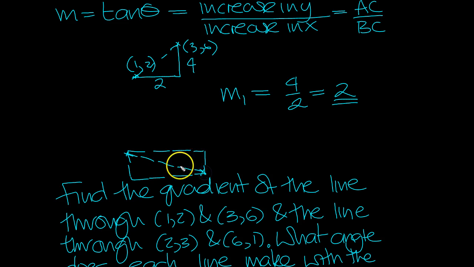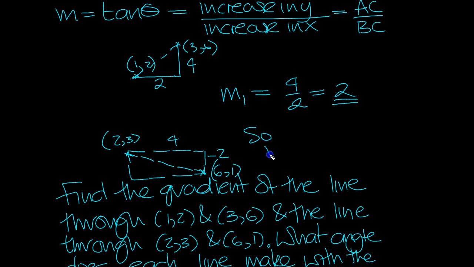Just so you draw a triangle. So the increase in x, we're going from 2, 3 to 6, 1. So the increase you go along in the x direction is from 2 to 6, an increase of 4. The increase in y, we go from 3 down to 1, so it's an increase in y of minus 2, because you're going down 2, aren't you?